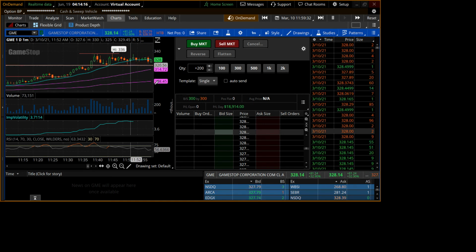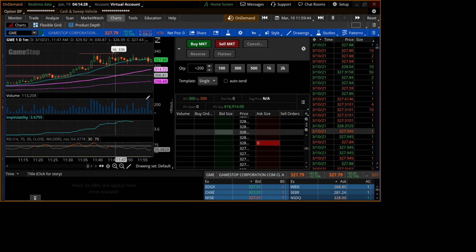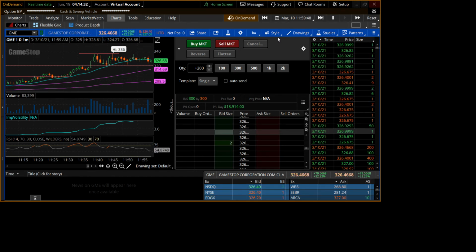All right? So we're watching it. We're watching it. And when we break that, most likely we're going to test this moving average here, which would be, let me see here. Because also, yeah, we got the VWAP here. Let me change the color on this VWAP so that way we know what VWAP is.